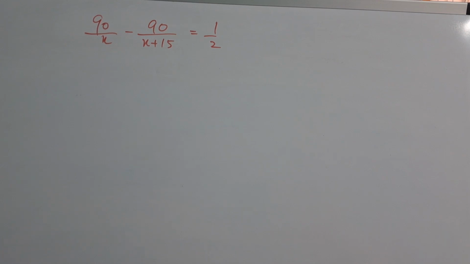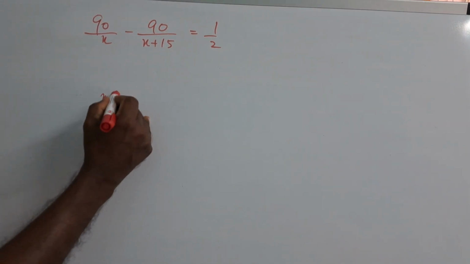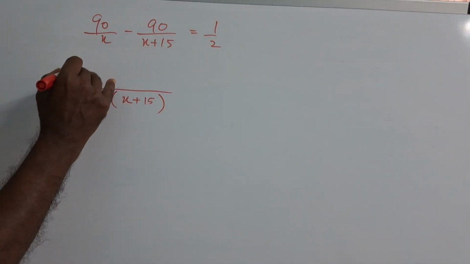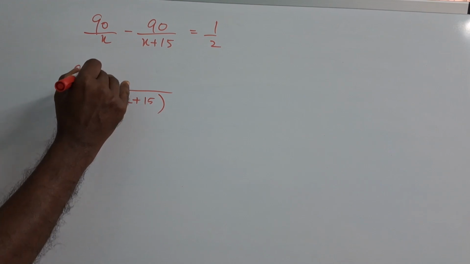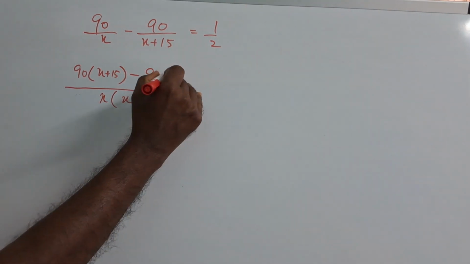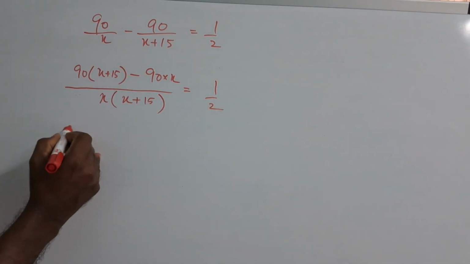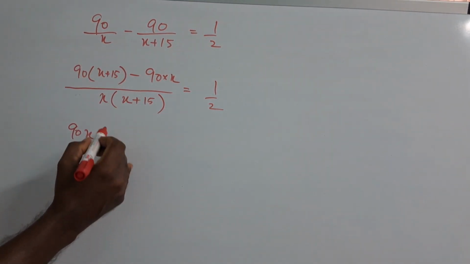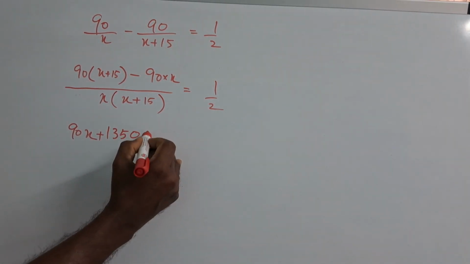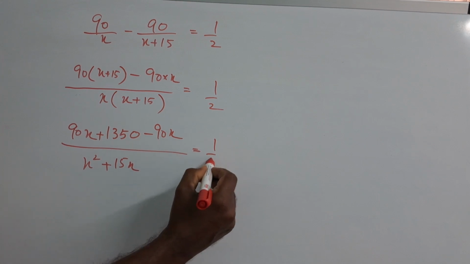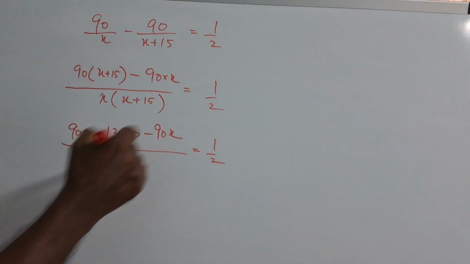Now let's simplify the equation. LCM is x into x plus 15, and 90 into x plus 15 minus 90 into x is equal to 1 by 2. 90x plus 90 into 15, 1350, minus 90x by x square plus 15x is equal to 1 by 2. 90x and minus 90x is 0.